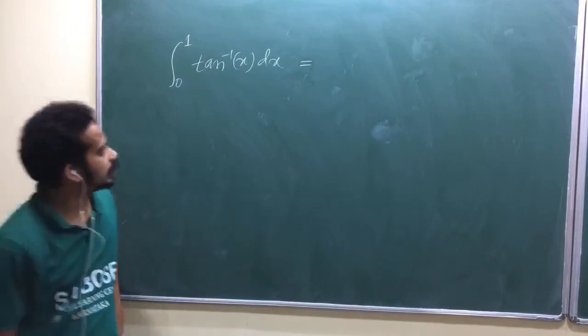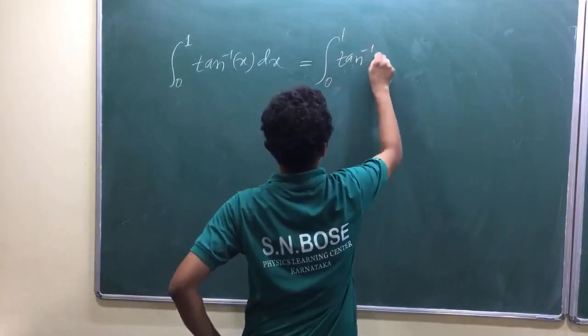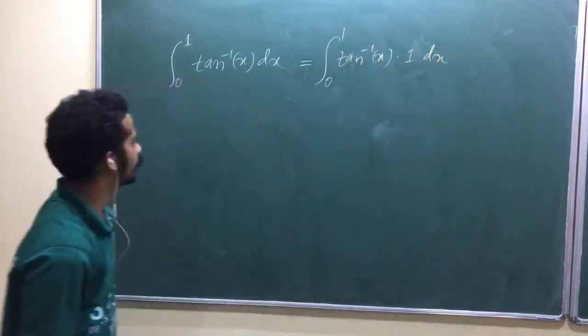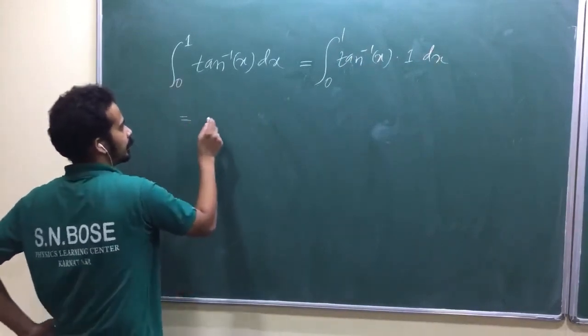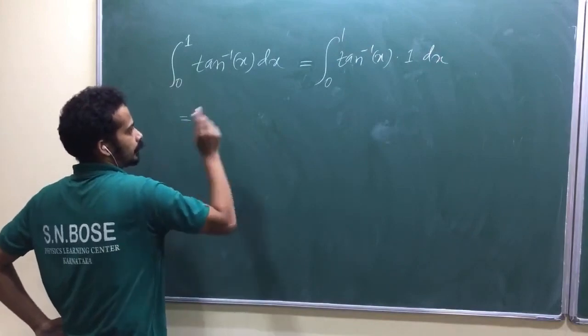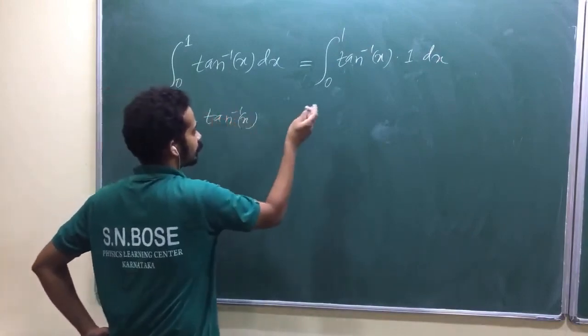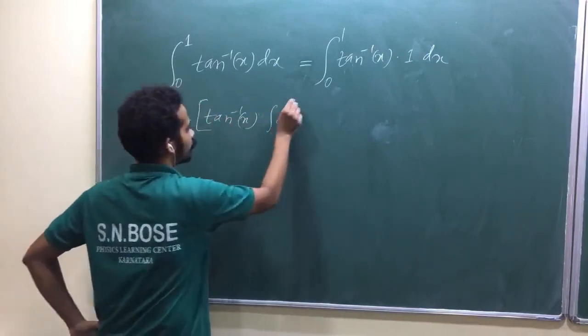So let me take tan inverse x from 0 to 1, tan inverse x into 1 dx. That's equal to the first function into the integration of the second function. What is this one? Integral of dx. After doing this one, you can substitute the limit.